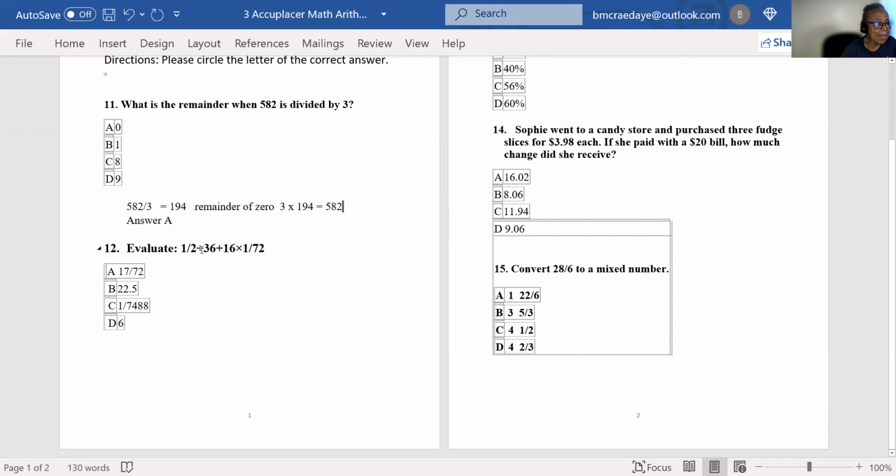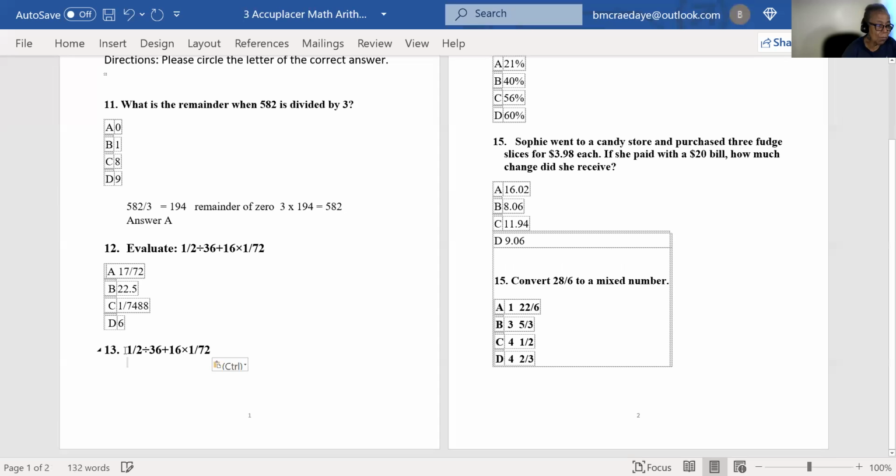Now, this next example is an order of operation. So let's just take this and copy it. Say evaluate, you want to simplify that. Okay, so what do we do first?